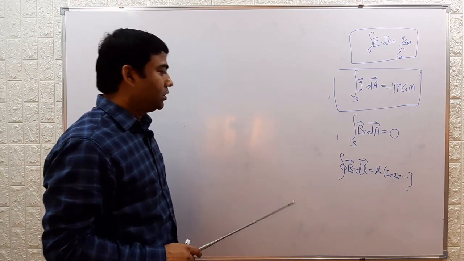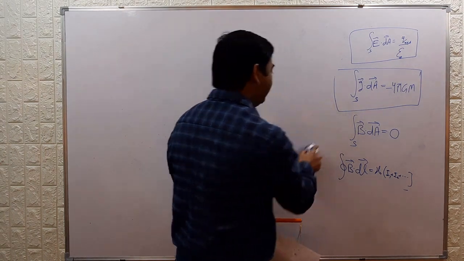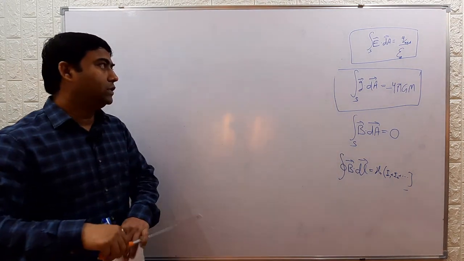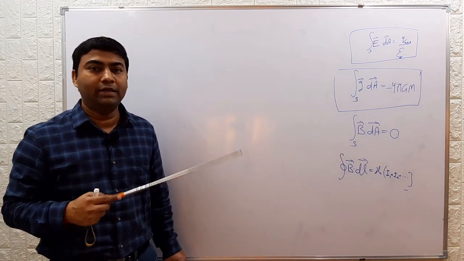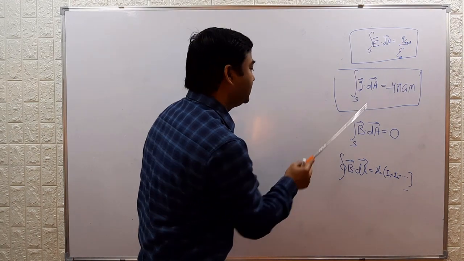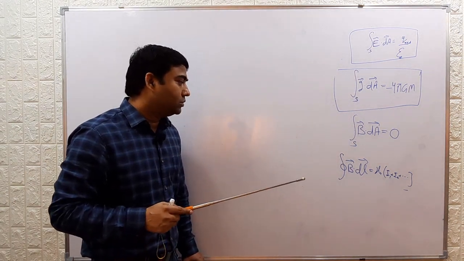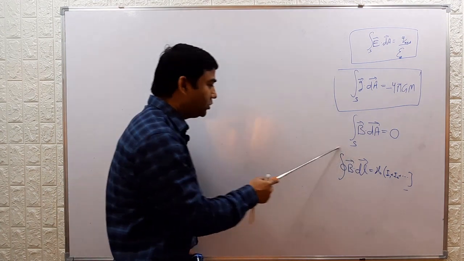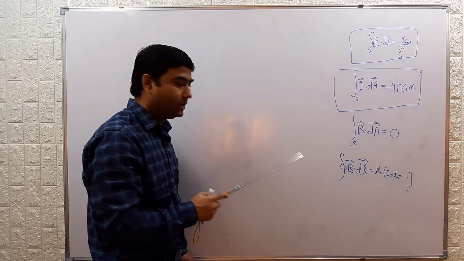So in both cases, in Gauss's law and in Ampere's law, we use imaginary surface and imaginary curves to find magnetic field, electric field, gravitational field, etc. And as I have told you, you need not carry out the actual integration. We will discuss in examples.